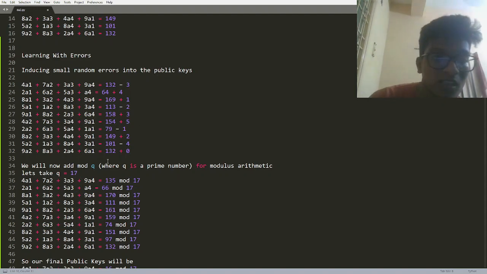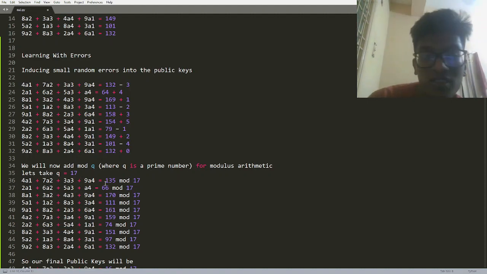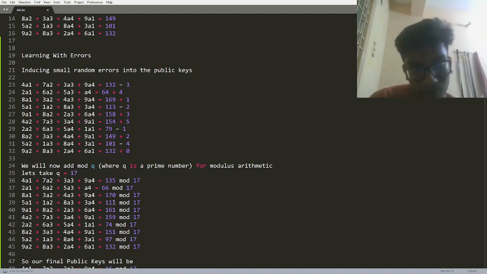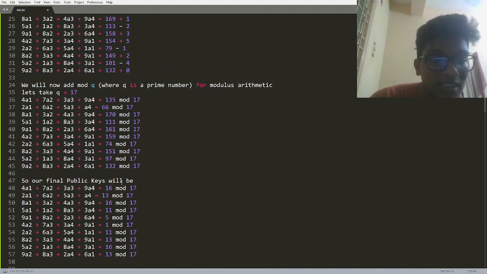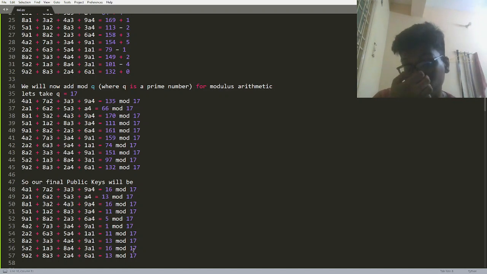So we add a mod q to all our equations, where q is a prime number. For this example, all our numbers are small, but usually, just like RSA, the numbers will be very large naturally. So we add a mod q to all these equations, such that this will be our set of final public keys. So these are our public keys.